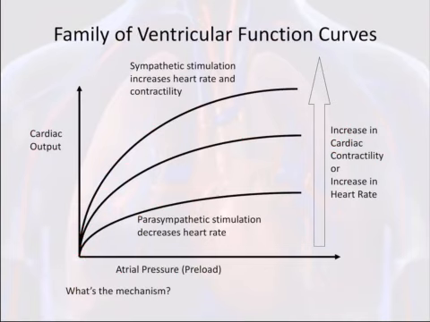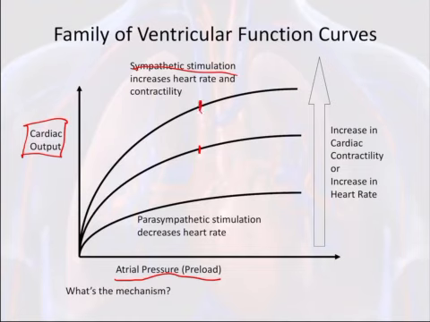And the mechanism here is really interesting. And so what we see here again is sympathetic stimulation is going to increase, and this graph is a little bit different. This one is cardiac output on the y-axis, and really preload on the x-axis. And we see for the same preload here, if we have sympathetic stimulation, we're going to get higher cardiac output.